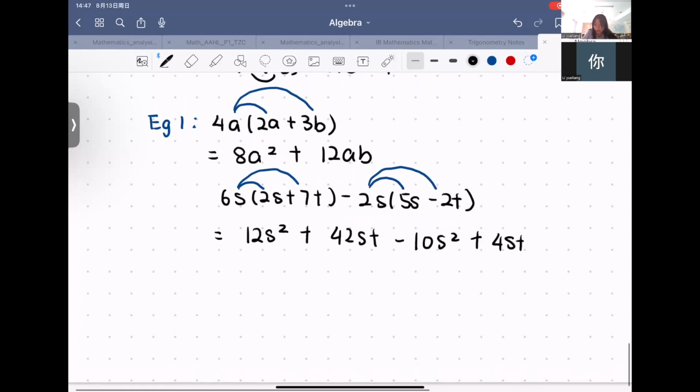Because we have s squared and s squared, and st and st, we combine the coefficients of the like terms. Then what we have left is 2s squared plus 46st.